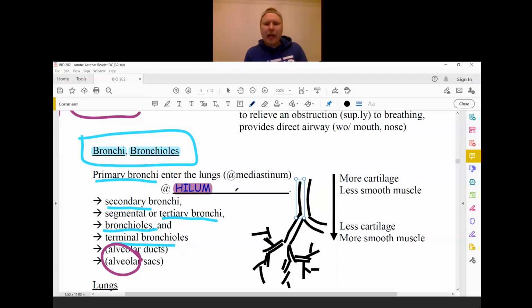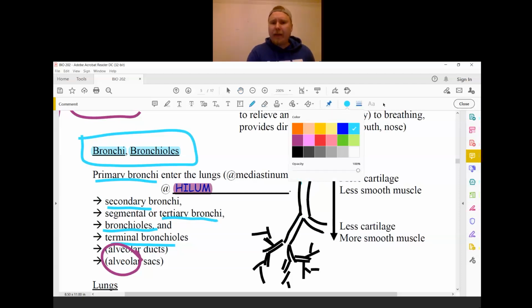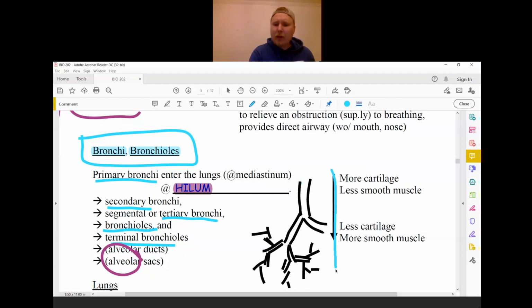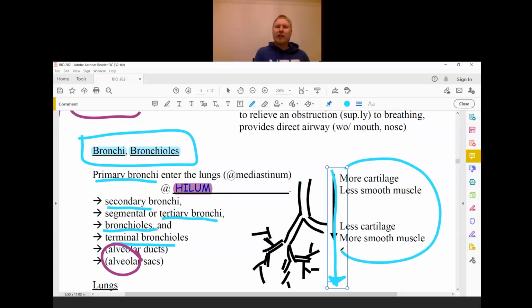As we are moving down this respiratory tree, we notice that the amount of cartilage decreases and the amount of smooth muscle increases the further down the respiratory tree we move.